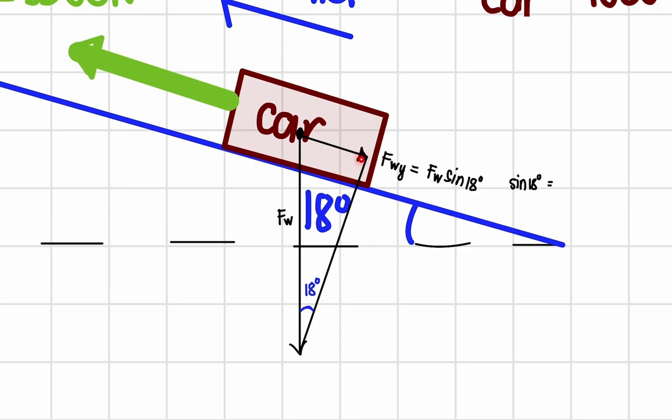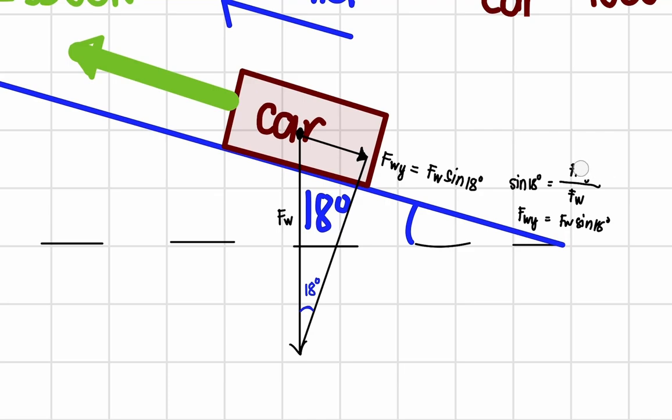What is the hypotenuse? It's FW. So FW sine 18 over FWY over FW. So FWY equals FW sine of 18 degrees. You simply need to transfer FW here.